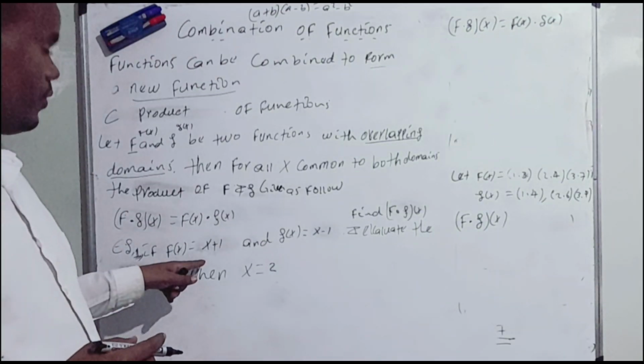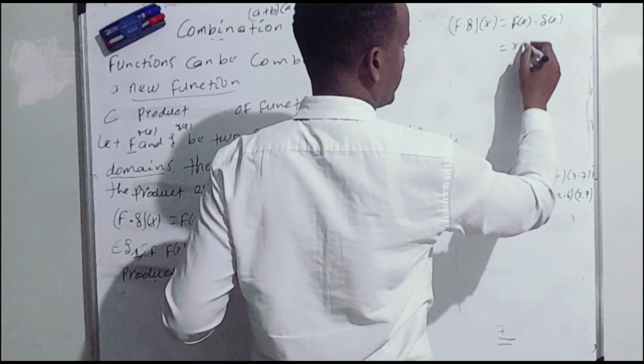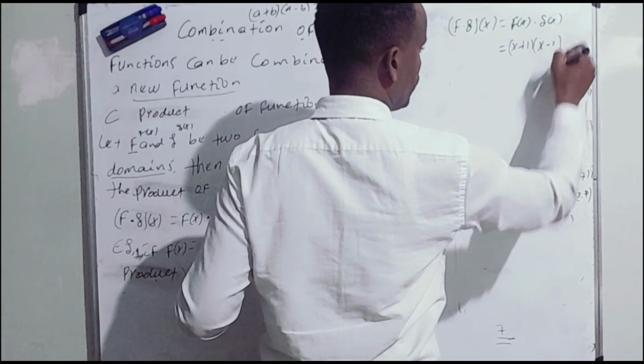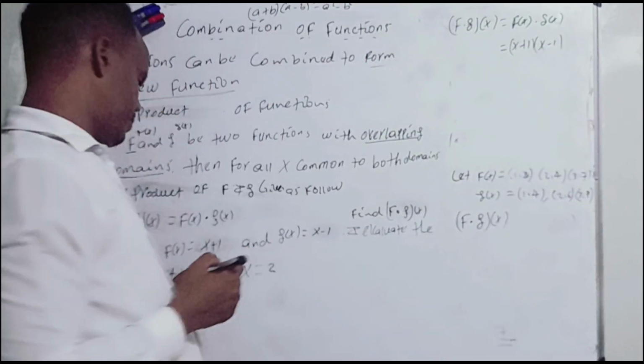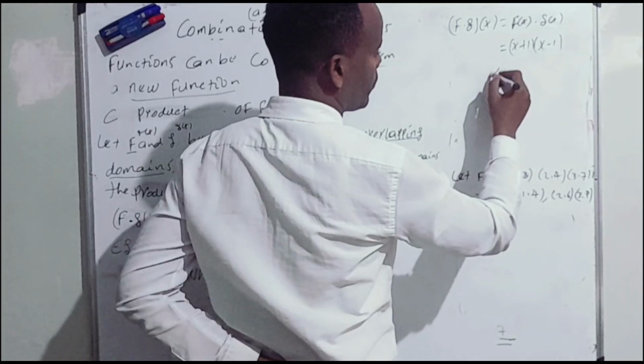What is f(x)? That is x + 1, times what is g(x)? x − 1. Okay, then the product of the two functions means here is x.